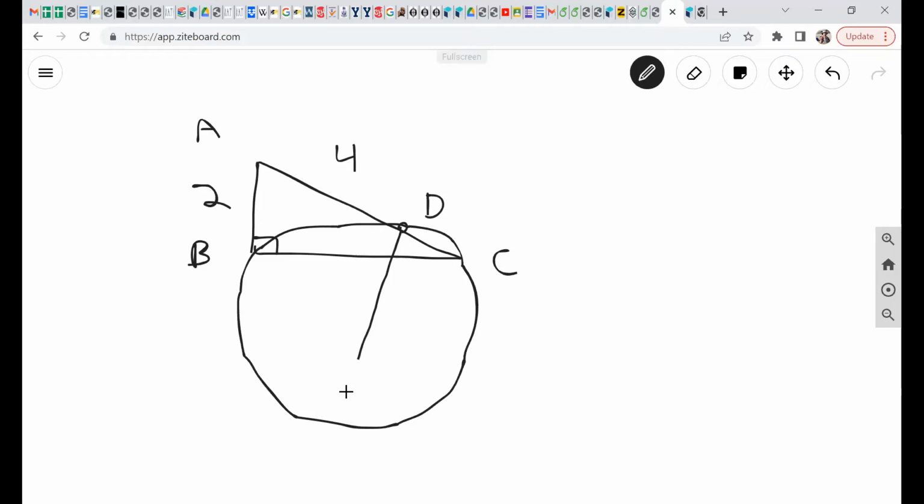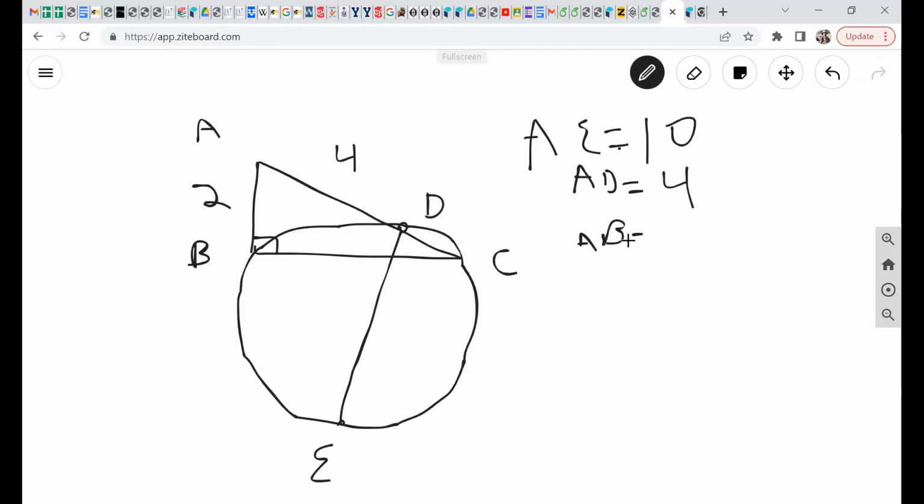And then we draw in this diameter, DE. And we know AE equals 10, AD equals 4, and AB equals 2. So the problem is to find the length of AC.